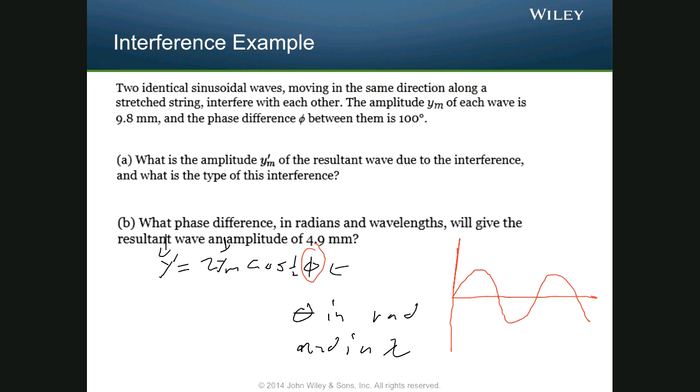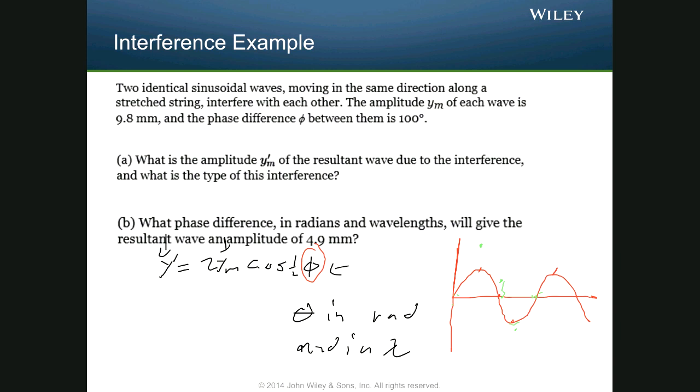You know this is pi over 2, you know this is pi, you know that's 3 pi over 2. Similarly, this is one quarter of the wavelength, this is half a wavelength, 3/4 of a wavelength, 1 full wavelength at these points, right? I'm just starting from the origin here and using the 0 to there.